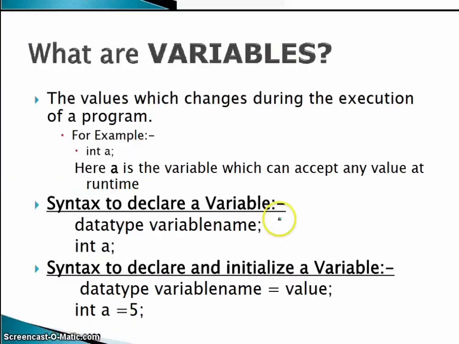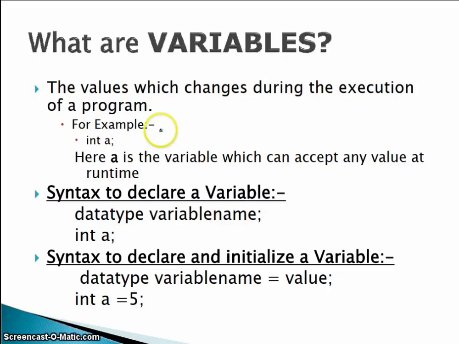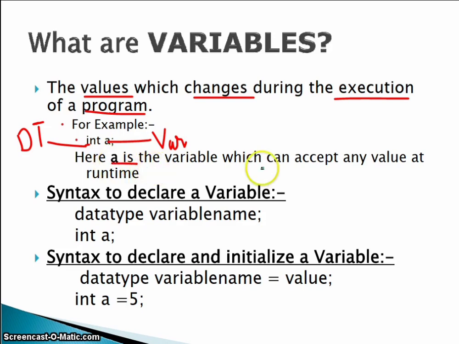Now, what are variables? These are the values which change during the execution of the program. For example, int a. Here, int is the data type and a is the variable. Here a is the variable which can accept any value at runtime.